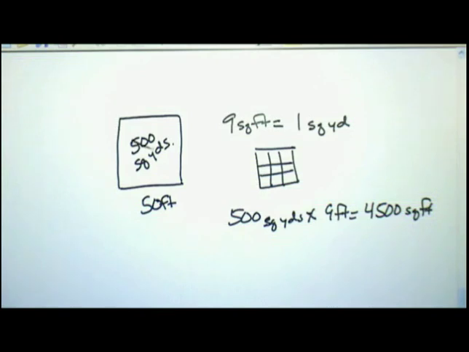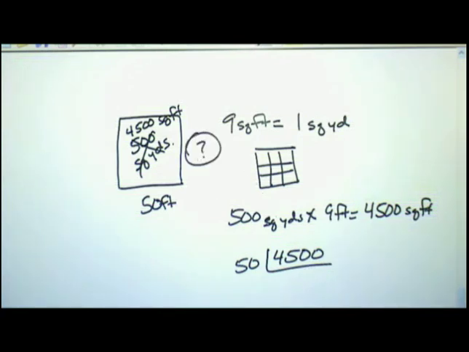Now I can take that 4,500 square feet and divide it by the one dimension that I know, and that gives me a depth, or this area here I'm looking for, of 90 feet.